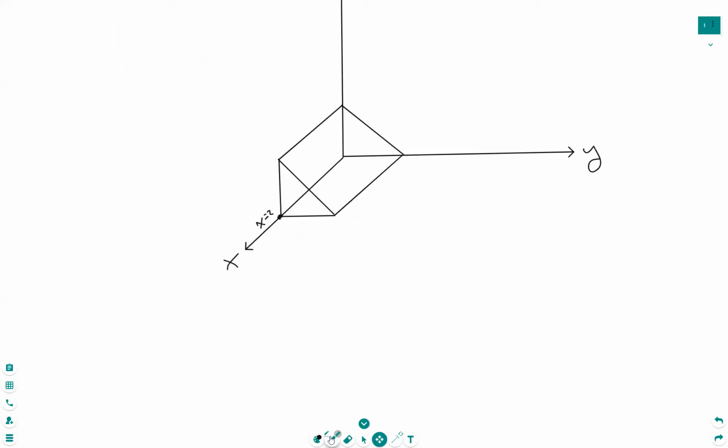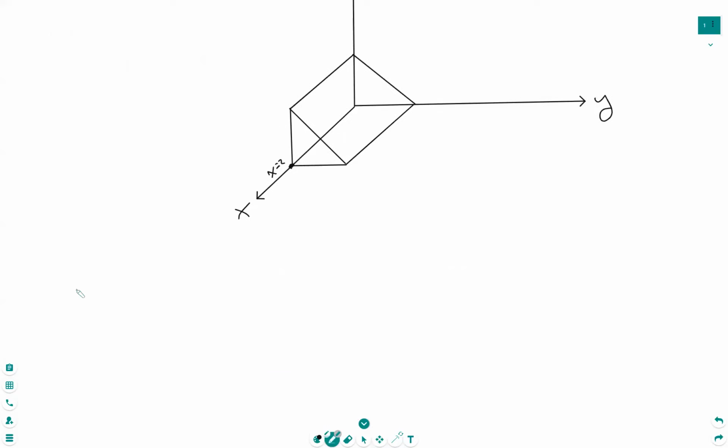Okay, so let's kind of first decide on the orders that we're going to be doing. So in Cartesian coordinates, we have that we can write this as x, then y, and then z.